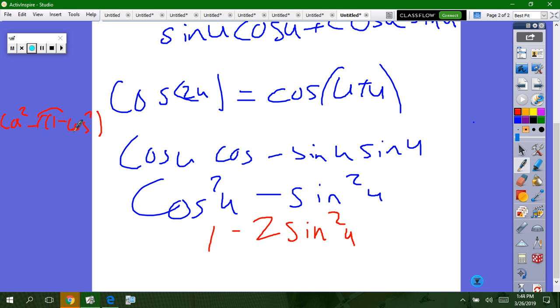So this is 2 cosine squared, because I have 1 here and 1 here, because that makes it a plus, minus 1. Those are all different names for cosine 2u. I could use any of these.